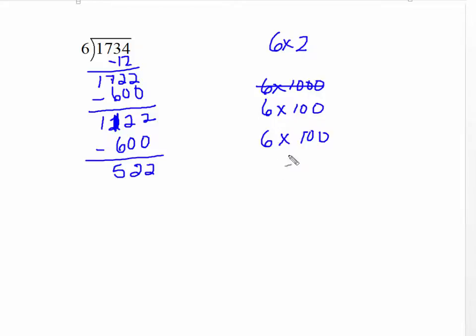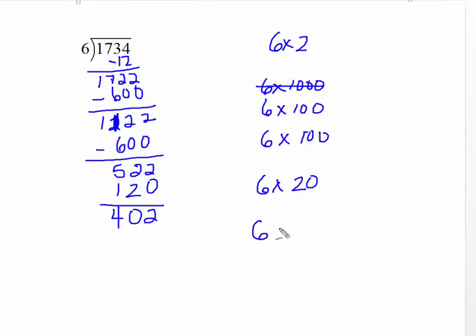Maybe if I took 6 times 20. And again, it doesn't matter how many groups. You can choose how large or how small, depending on how big your number is. So 6 times 20 is 120, and I'm going to subtract that off. And I'm still left with that. Well, it seems pretty small.